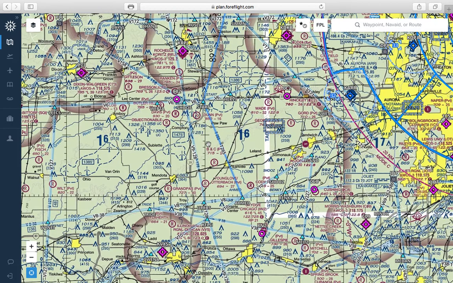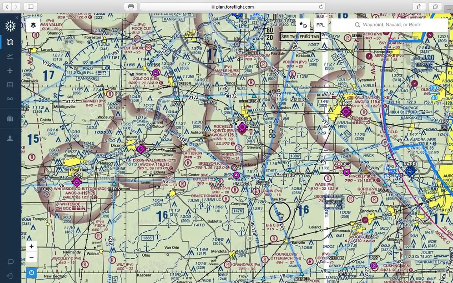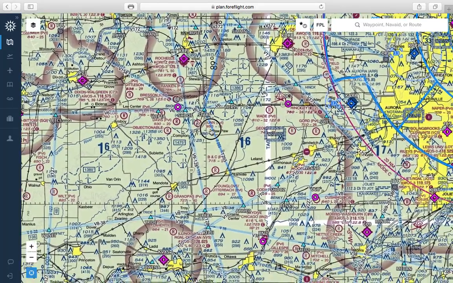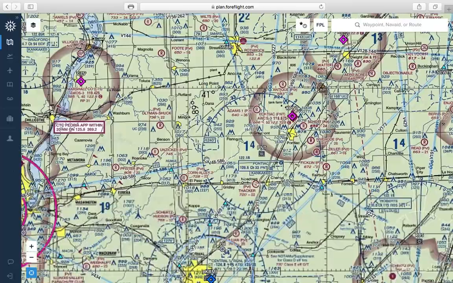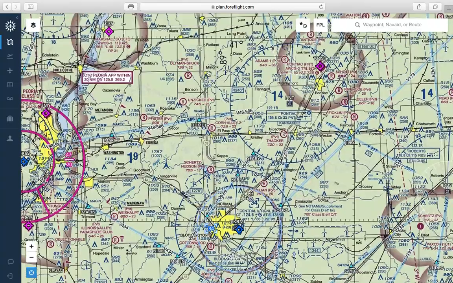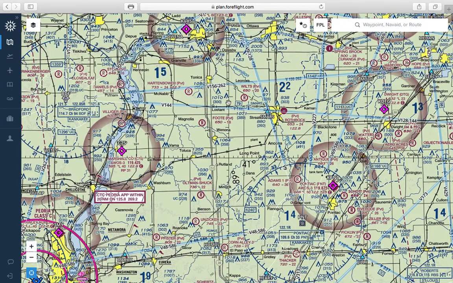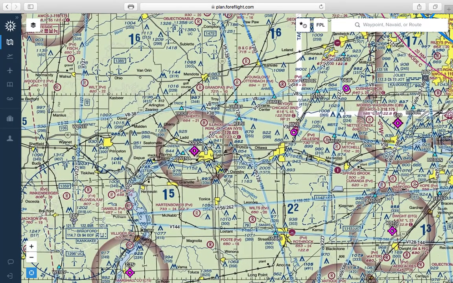Let's talk about Echo airspace now. Echo is everywhere else. It means Echo extends from this point here, above 700 AGL, all the way to 17,999 MSL.